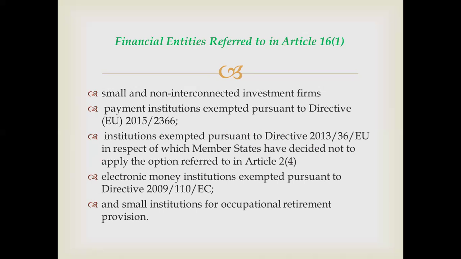Next, electronic money institutions exempted pursuant to Directive 2009/110/EC. Then finally, small institutions for occupational retirement provisions. So these are the financial entities referred to in Article 16, paragraph 1.